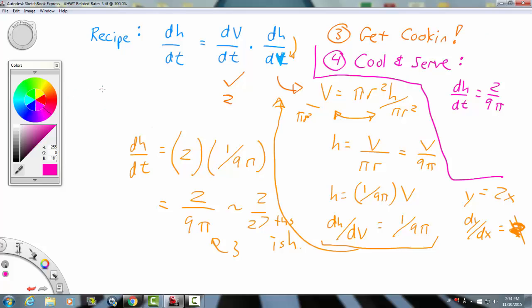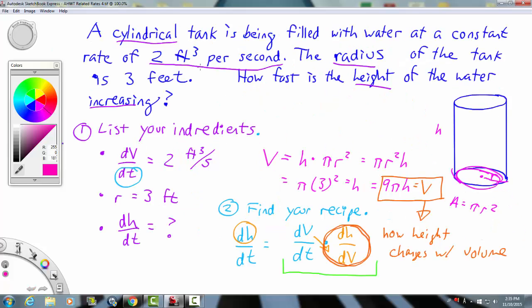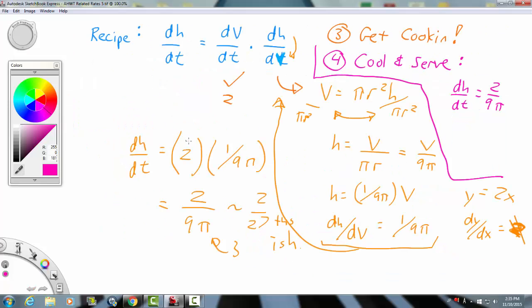Remember, in the problem, here I'll go back to the problem for a second. Remember, in our problem, we said this is feet, this is cubic feet. So everything's in feet, right? So if we go back, that tells us what unit this is, right? dH, change in height over time. And it was always seconds.